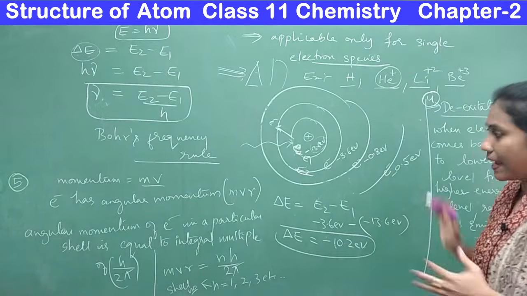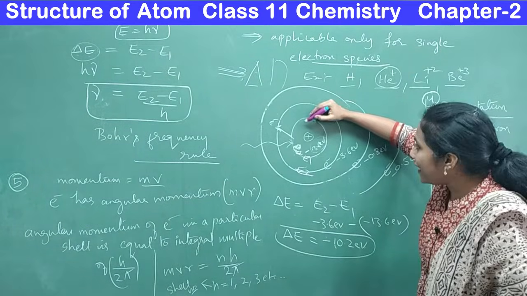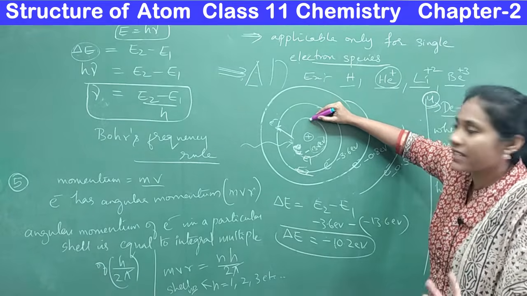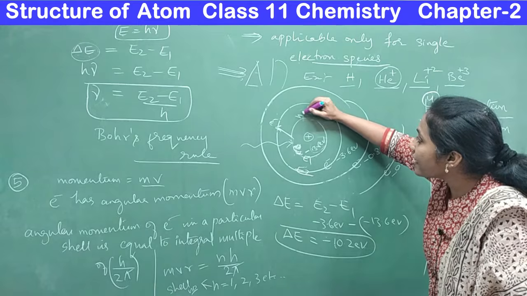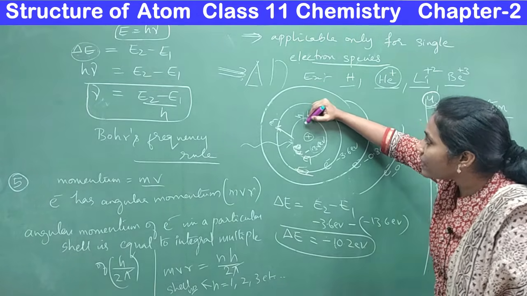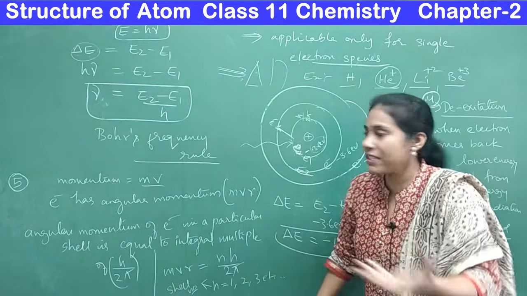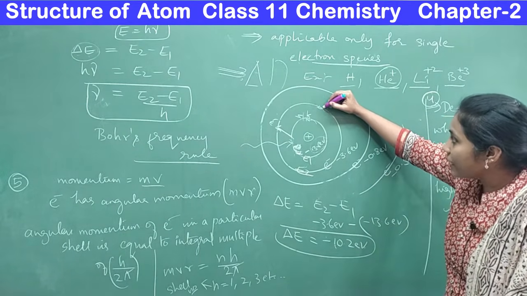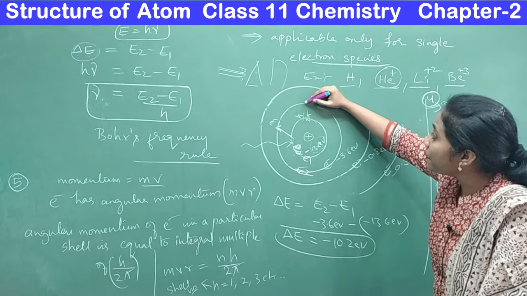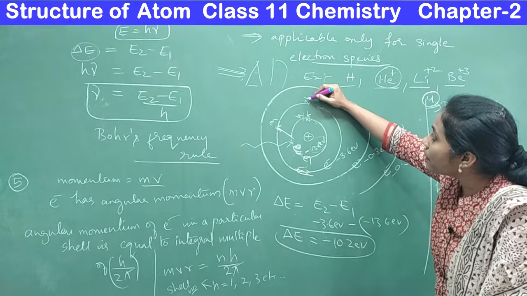For example, if an electron is present in the first energy level, then its angular momentum is just h by 2 pi, because n value is 1. If the electron is present in the second shell, then its angular momentum will be 2h by 2 pi.